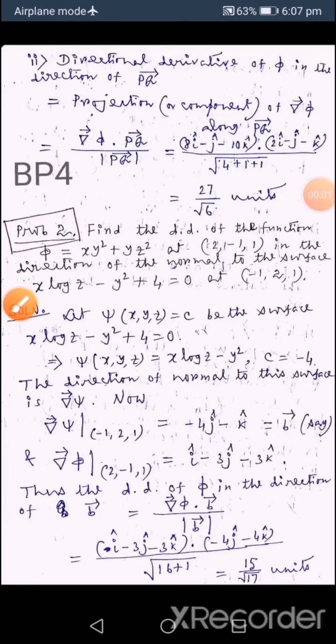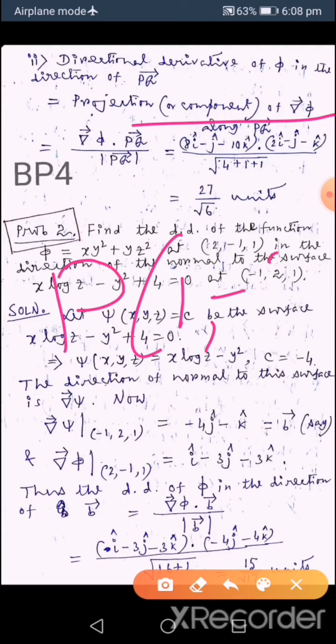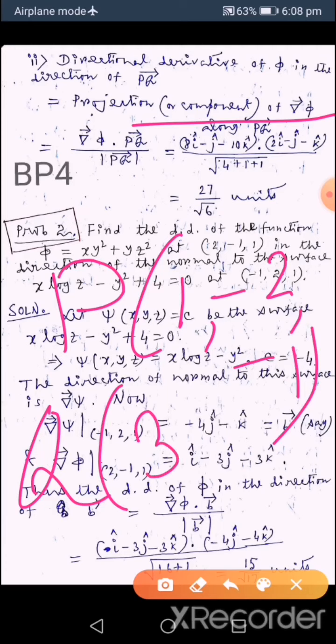Second part, the directional derivative of phi in the direction of PQ, which is equal to the component or projection of grad phi along PQ, which is equal to grad phi dot PQ by mod PQ, where P equals (1, minus 2, minus 1) and Q is equal to (3, minus 3, 2).